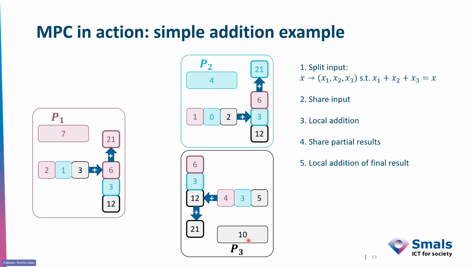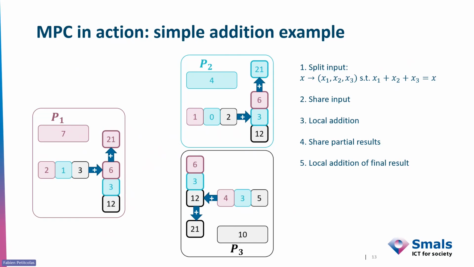Note that in this process, at no point does any of the participants have access to the input of the others. So, for instance, participant P2 never knows the value 10 or the value 7. So that's the beauty here of multi-party computation.